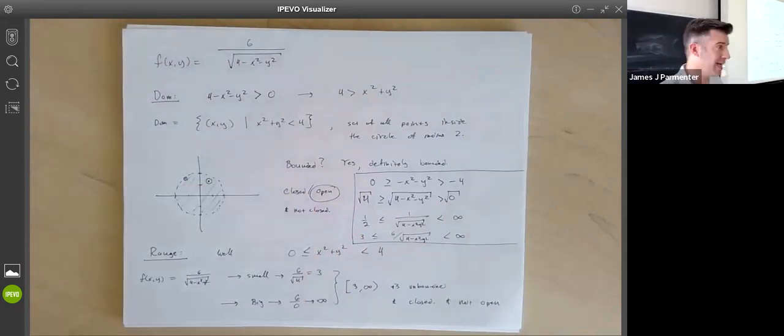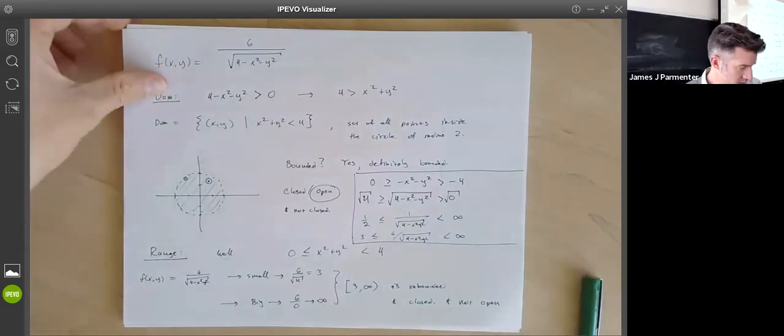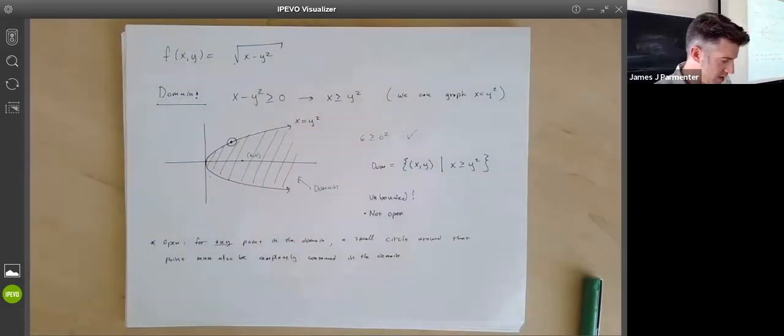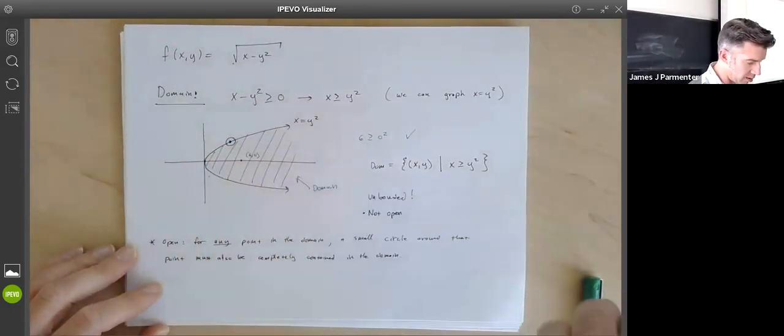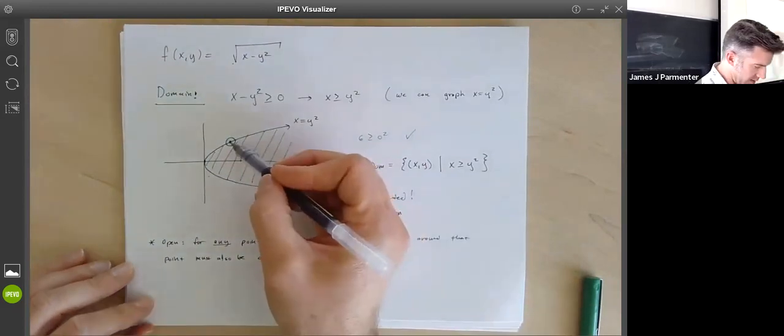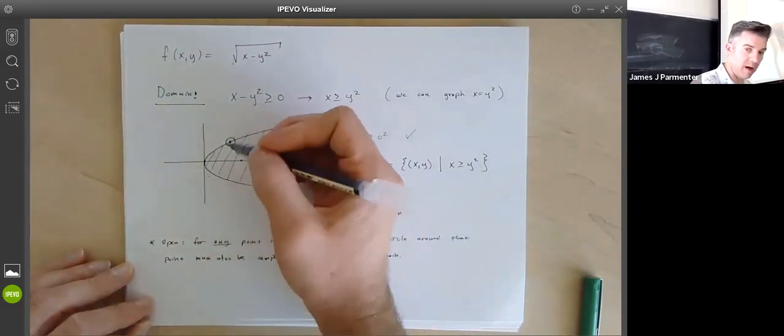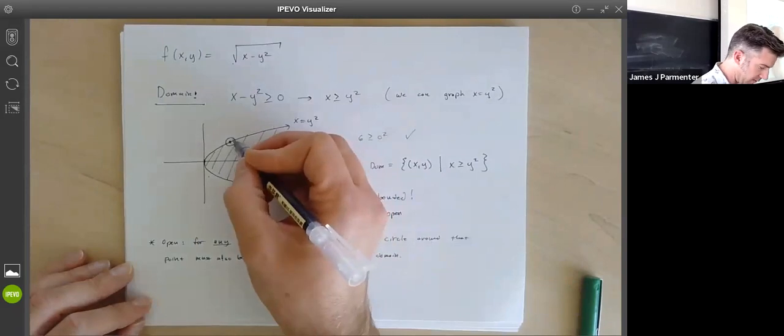No matter how close I get, as long as I'm not on the boundary, I can always find a circle small enough to be included in the domain. Does that help? So again, this domain is not open because for that point, any circle around it, no matter how small, includes stuff outside of the domain over here.